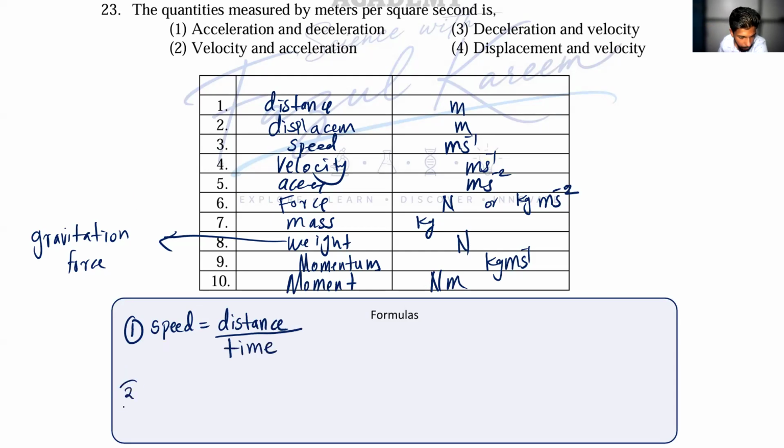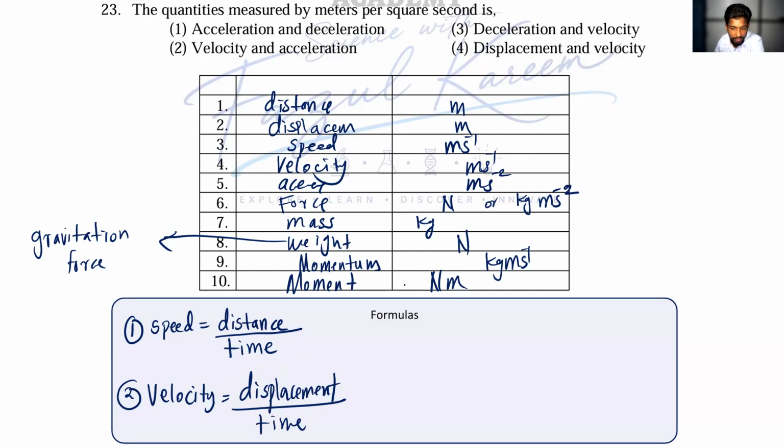Second one, for the velocity, displacement over time. Within that gap, you can note down all these things. Third one, the acceleration: final velocity minus initial velocity over time.